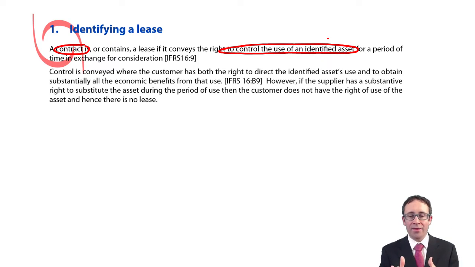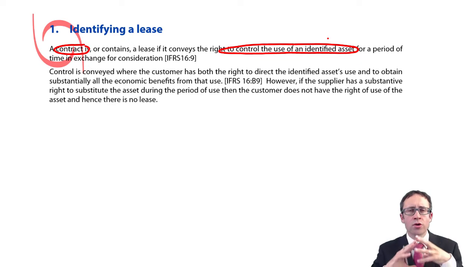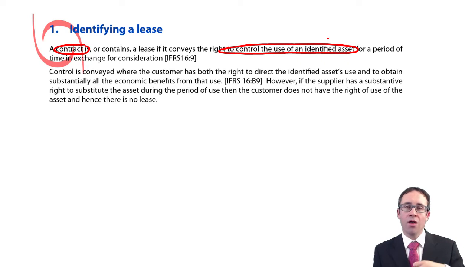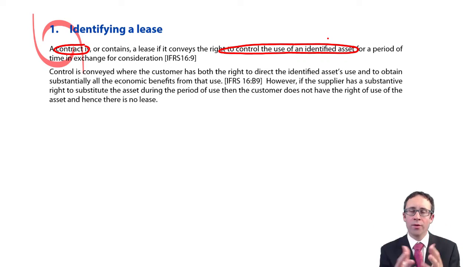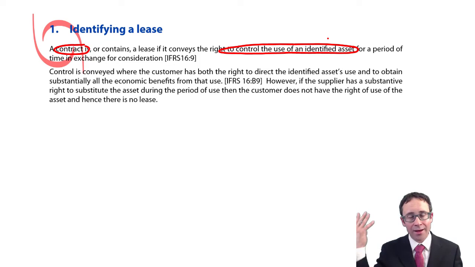If you control that asset, it meets the definition of an asset and therefore there is a lease. As company B, you are the lessee and therefore you recognize that lease within your financial statements, ignoring the low value and short lease exemptions. That comes straight from paragraph 9 of IFRS 16.